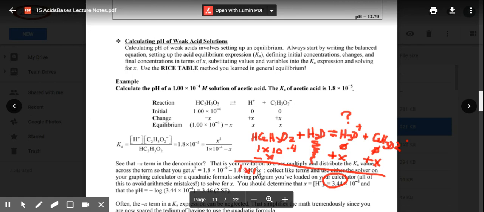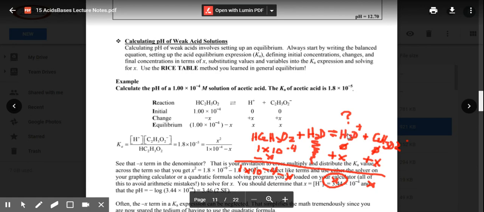This ends up being 1 times 10 to the negative fourth minus X. This is X, and this is X as well. So my objective is to find some way to solve for X, because X is the hydronium ion concentration. And if I know the hydronium ion concentration, I can calculate the pH from there.